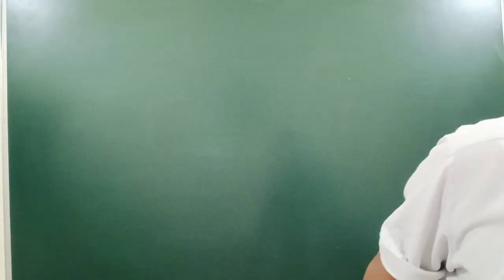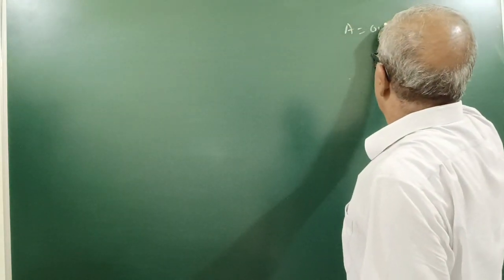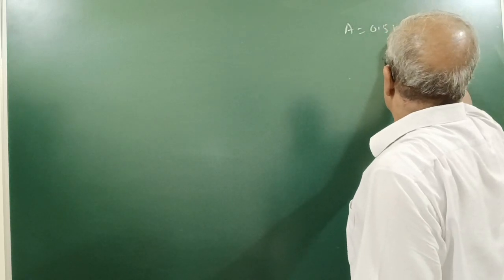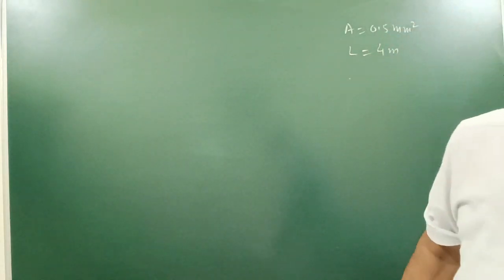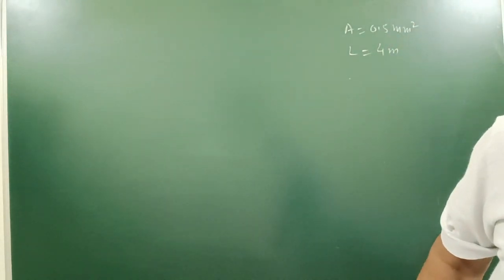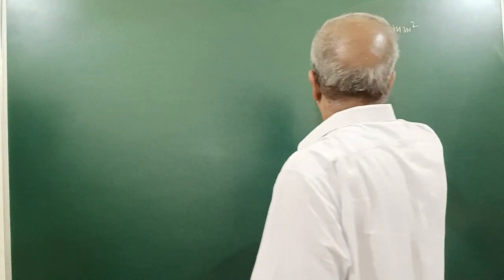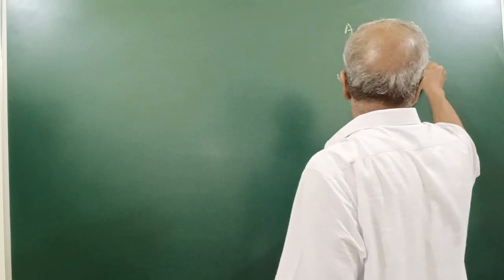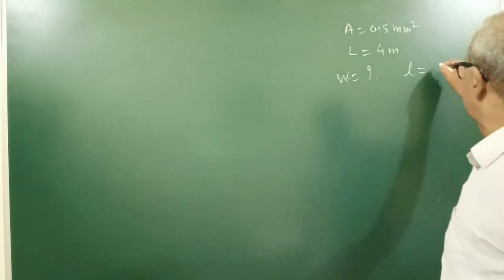The area of cross section of the wire is 0.5 millimeter square, and the length of the wire is 4 meter. How much work will be done in increasing the length by 1 millimeter?